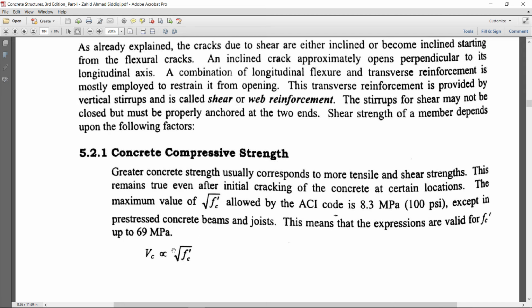Whatever the concrete strength you have, you take the square root and you get approximately the concrete shear stress, that is Vc, the symbol for the concrete shear stress.